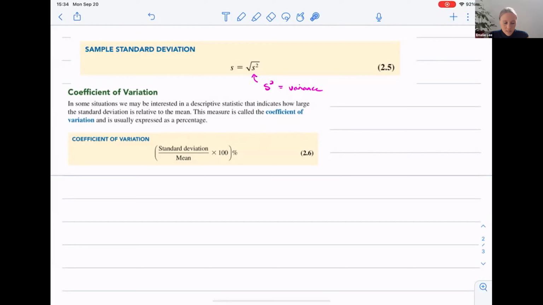All it is, it takes the standard deviation and divides it by the mean. The calculation is telling you how large the standard deviation is compared to the mean, right? Typically, if you have a coefficient of variation less than 1, and it depends on the field that you're in, so I'm being vague on purpose here, typically less than 1 means that you have low variation, so low variability.